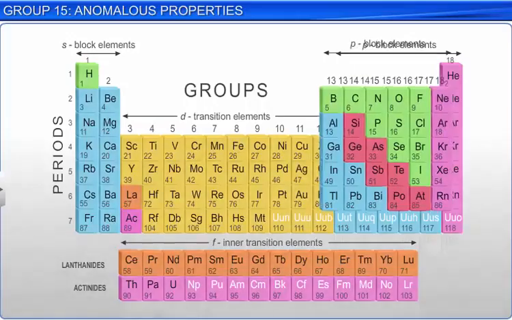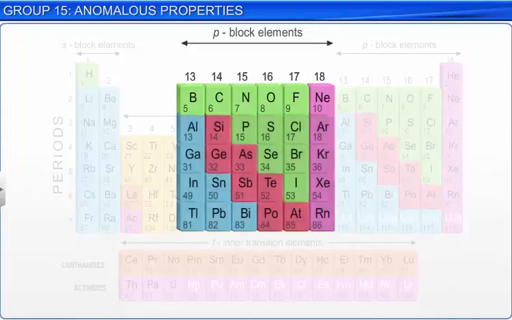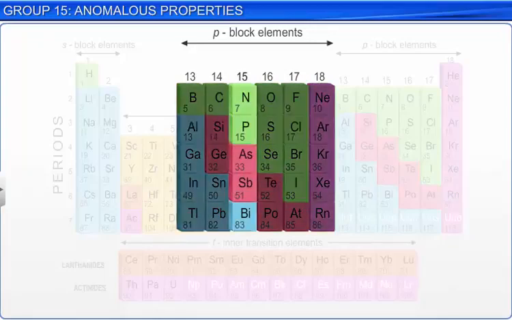You know that generally the first element of any group differs from the rest of the elements with respect to their properties. The same anomaly is reflected in group 15 elements. The first element in the group, nitrogen, differs from the rest of the elements in its properties.